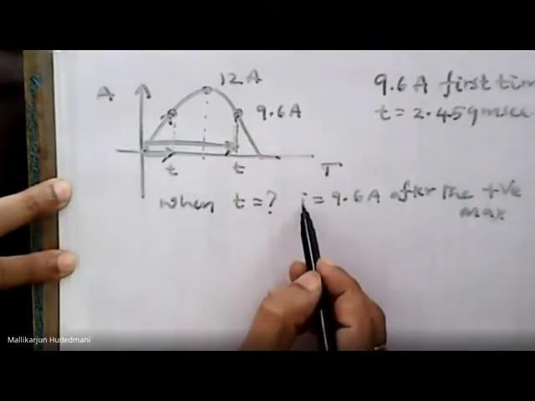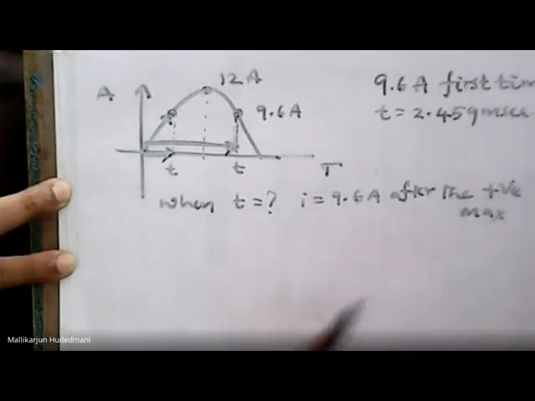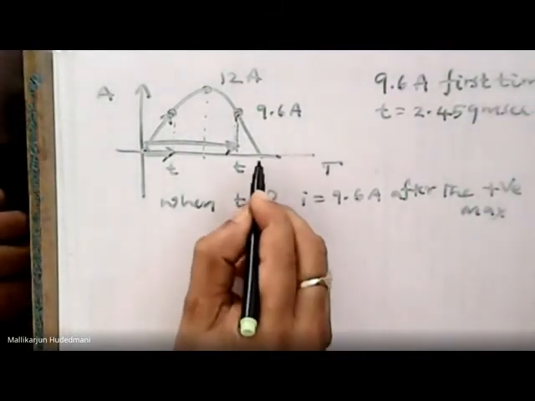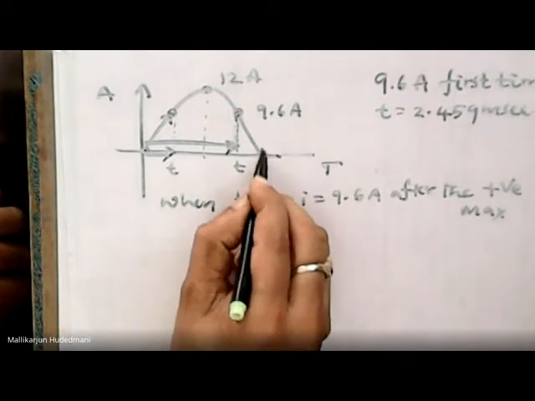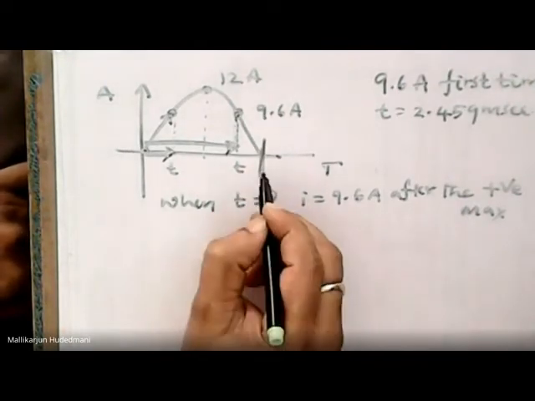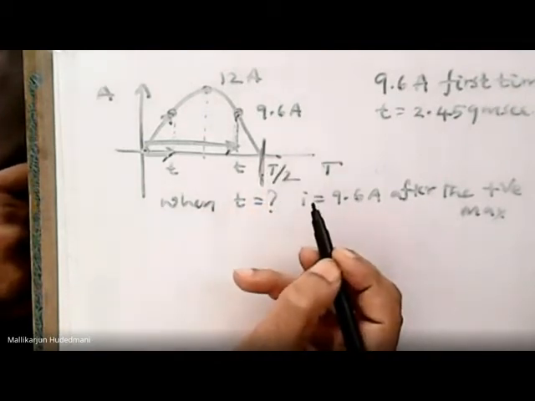At that time the value of current is 9.6 ampere after the positive max. I am trying to confine. After the positive max means, just see, when does this half cycle turn take place, you should understand. This will happen at T by 2. At T by 2, the half cycle ends.